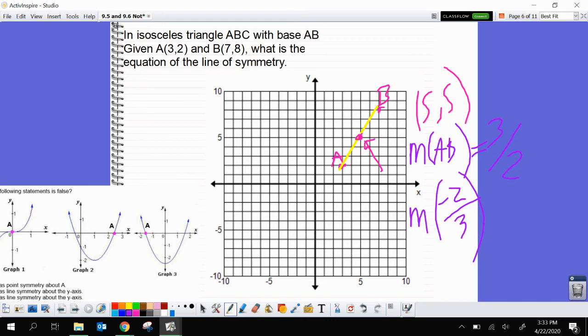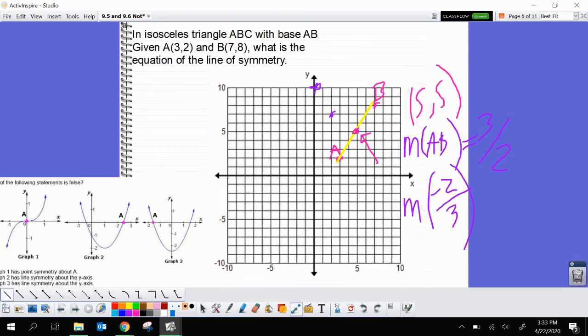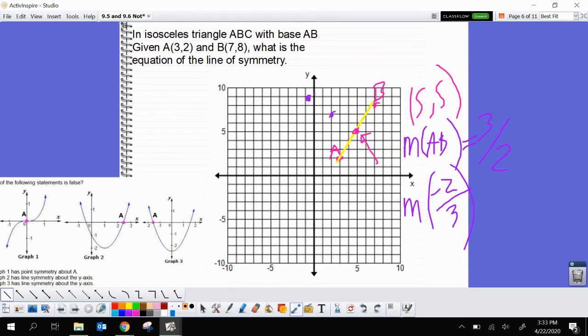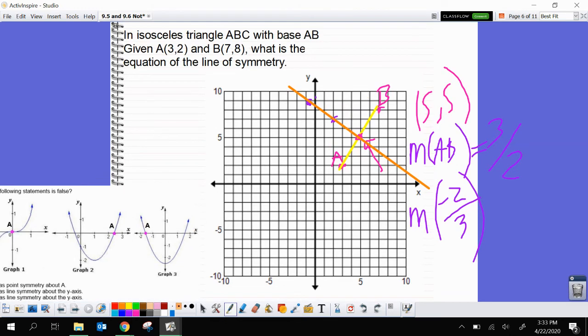So I could just keep graphing this. I could go up 2/3, up 2/3. Actually, this one comes out to be nice. You don't even have to put this in a formula or anything. Oh, actually, I just graphed that wrong. So you do need a formula because it would look like this. Notice that that y-intercept is not perfect. I'm not going to take the time to do this, but you would have your point and you would now have your slope.